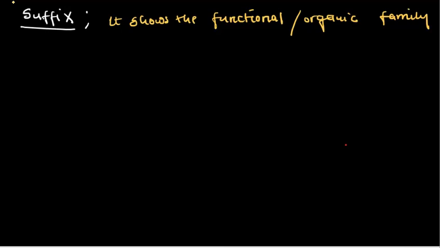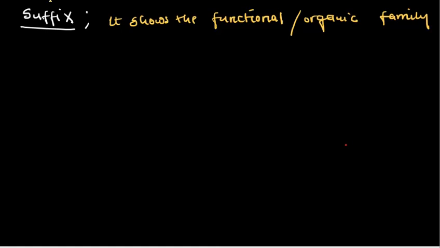So what do we mean? Remember we talked about compounds like carboxylic acids, but how do we know that something is a carboxylic acid? We know by the ending of the name. If we say methanol, how do we know that it is an alcohol?